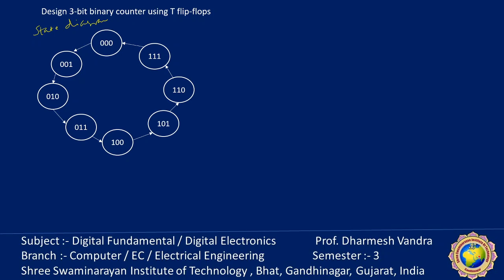Remember that thing. In the counter, what is the actual input? The actual input is the clock pulse, and the output, the present state, is equal to the number of counts.